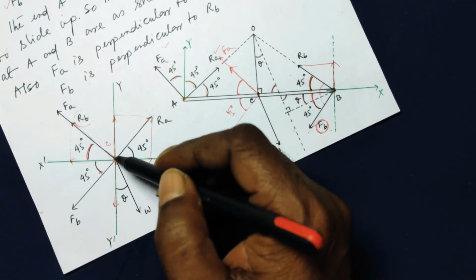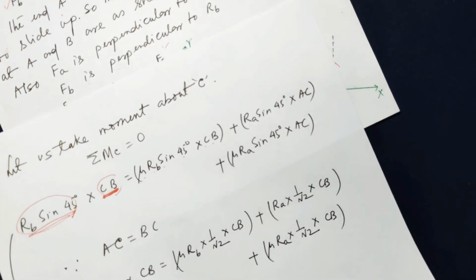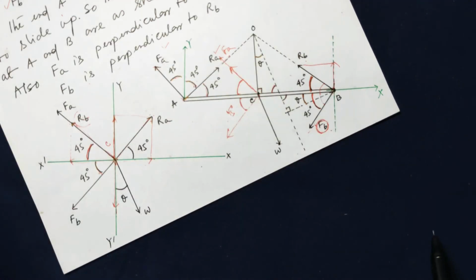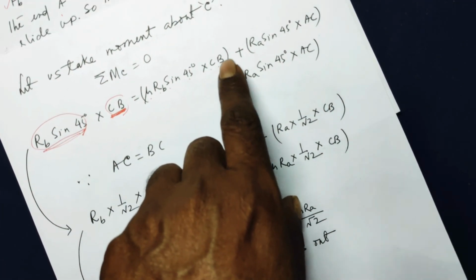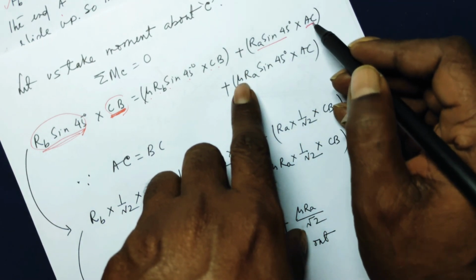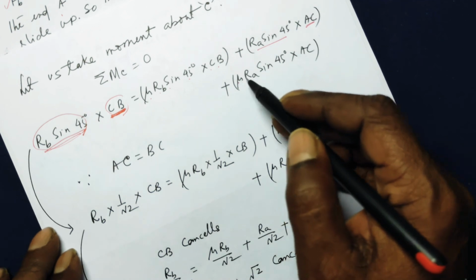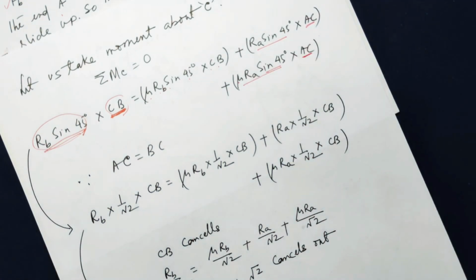Mu RB sine 45 will be to this side, and it is at what perpendicular distance? Equal to CB. Similarly, RA sine 45 is at a perpendicular distance AC, and mu RA sine 45 is at a perpendicular distance AC.